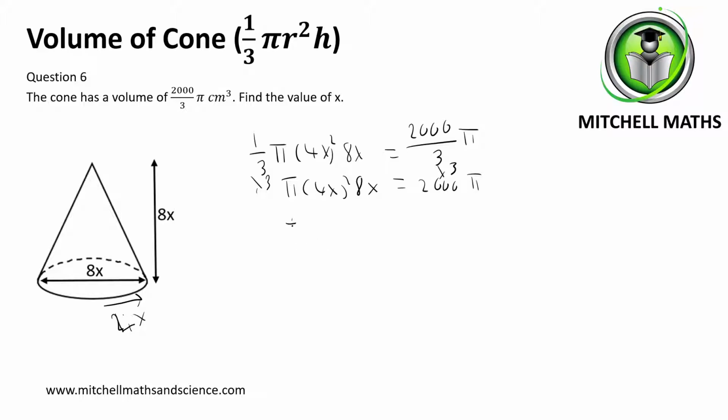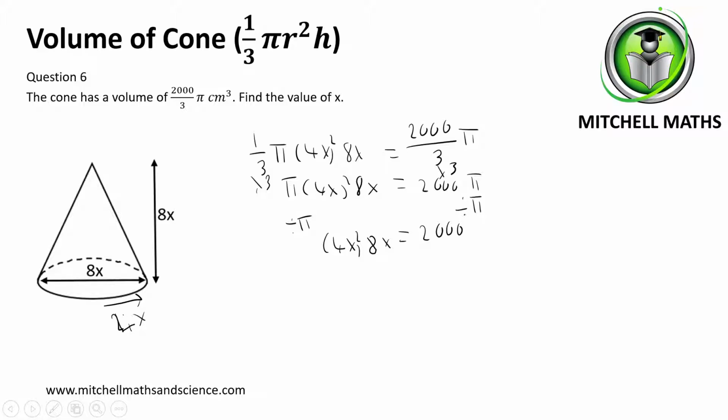I'm also going to divide by pi, which will give me 4x squared times 8x equals 2000.